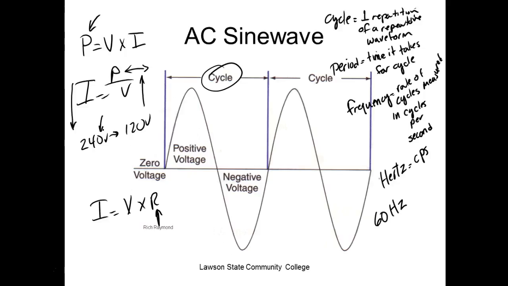Y'all understand that? So that's why we transmit AC. Alabama Power does not make DC. If they transmitted DC, then they couldn't step the voltage up or step it down. Edison was a DC guy. And Tesla was a what? AC guy.